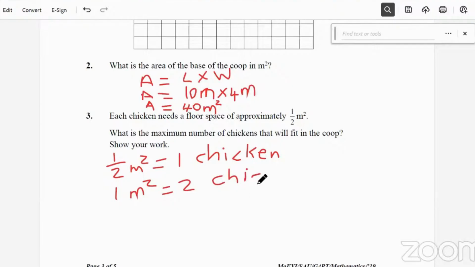Okay. So 40 meters squared would be equal to 40 times 2, because 2 chickens in each of those, 40 times 2 chickens, okay?